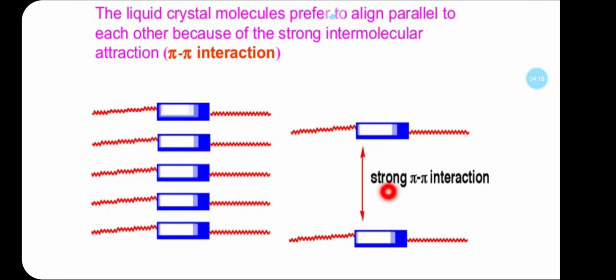Such molecules show these properties when they transfer from solid state to liquid state. It generates an intermediate state we call liquid crystal. In this state, the compound shows a property like liquid and behaves like solid. So this is called liquid crystal.